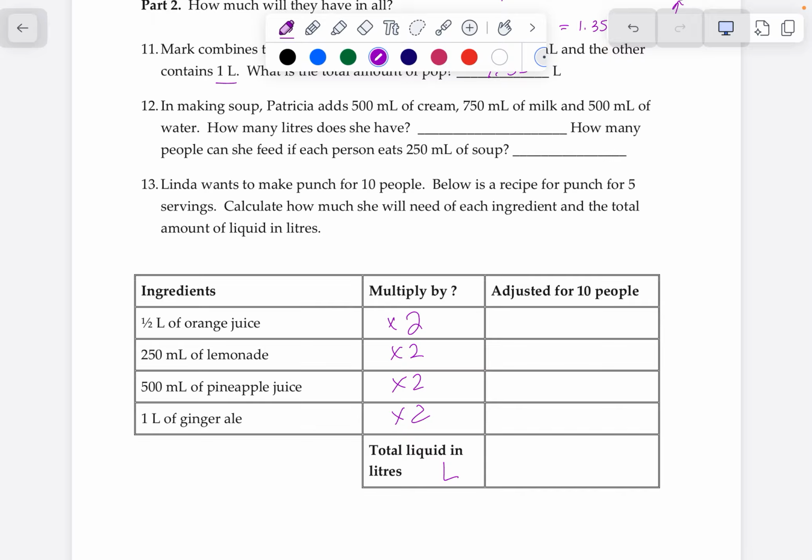What I mean by that is if you use 250 milliliters, that's 500 milliliters when you multiply, but that is only 0.5 liters. They want liters. So when you do your totaling, make sure you're totaling the answer in liters or it's not going to work. Okay, does that make sense how that works?